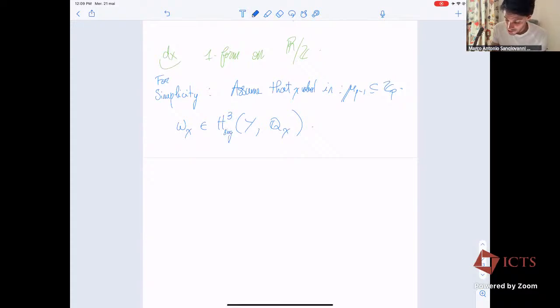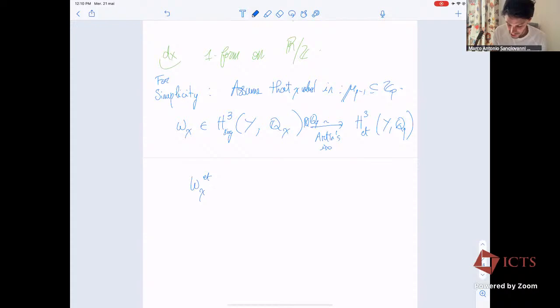And so this, by Artin's isomorphism, is also, tensored over Q with Q_p, H3 étale of Y with coefficients in Q_p. So omega chi étale is just the image of omega chi tensor 1 under Artin's isomorphism.